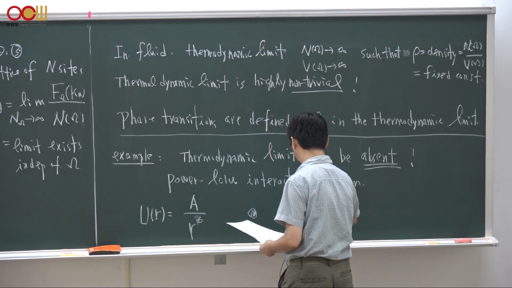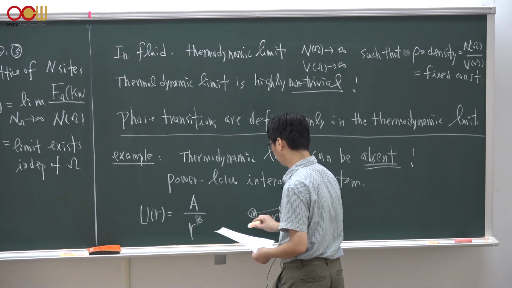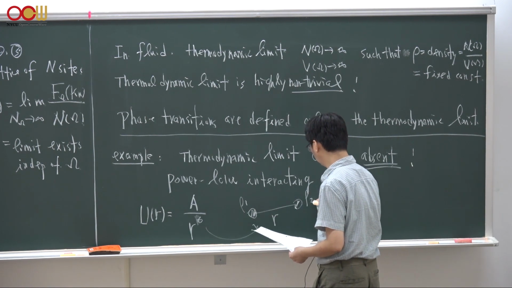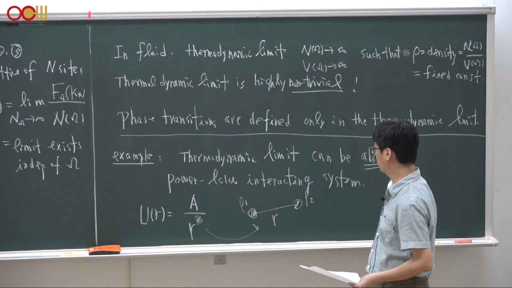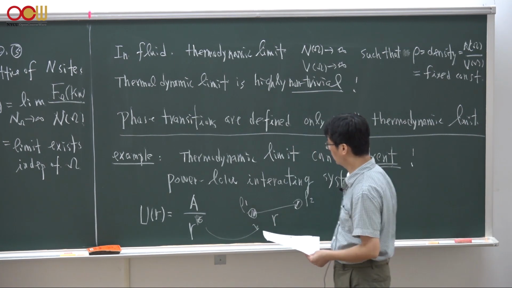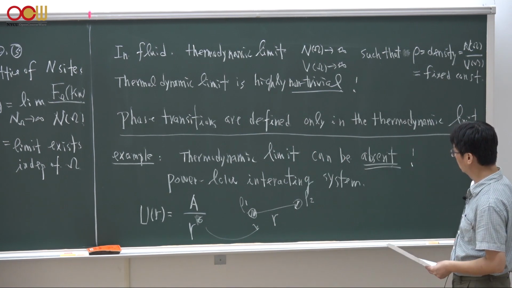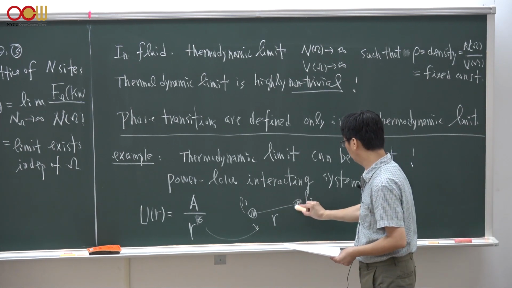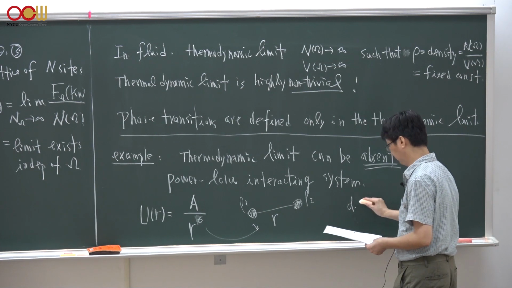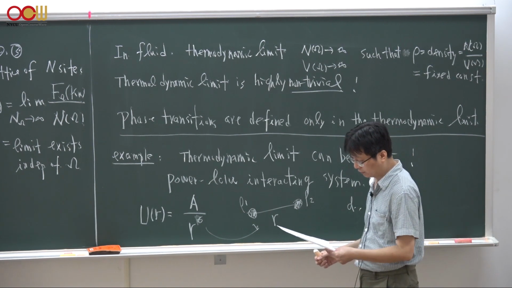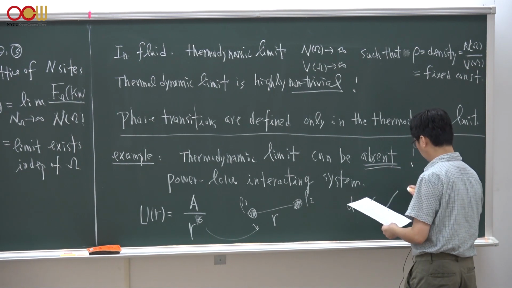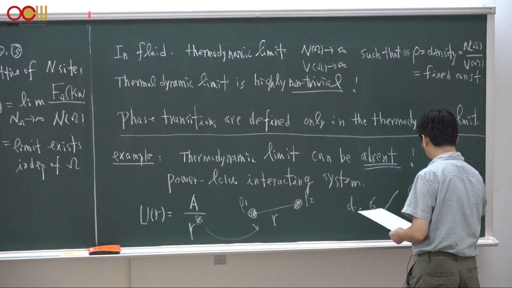For example, in this particular case, the interactions of particles at different densities, say rho 1 and rho 2, show interactions of 1 over r to the power of sigma, that kind of power-law interaction. In this system, as we will see next time, depending on the dimensionality relative to sigma, it can have a thermodynamic limit only when sigma is greater than d.